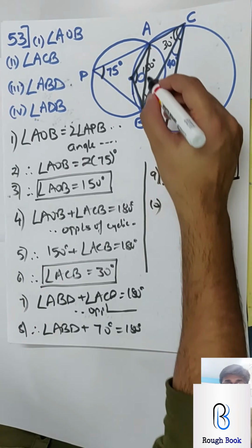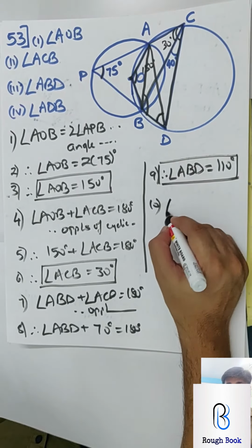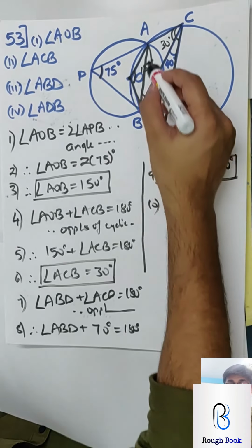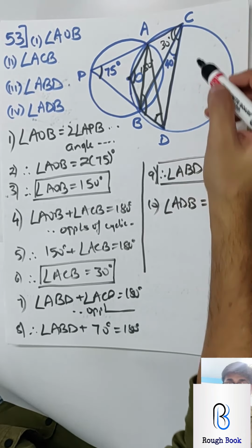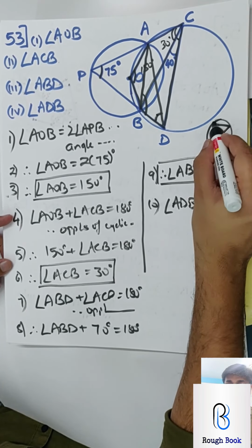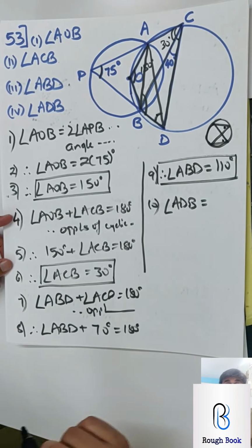Proceeding towards the last part, ADB. Come on, get this one. ADB is here. Very simple. Can't identify? See ADB. Can you see it here down? And ACB, can you see it here down? Okay, you can't see? Okay, I'll draw it outside for you. ACB and ADB. Two angles inscribed in the same arc.